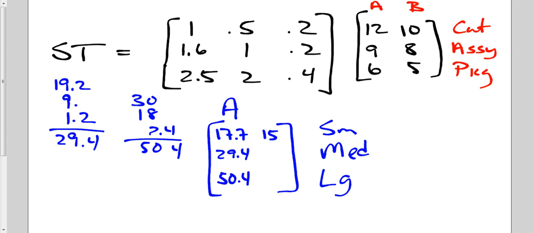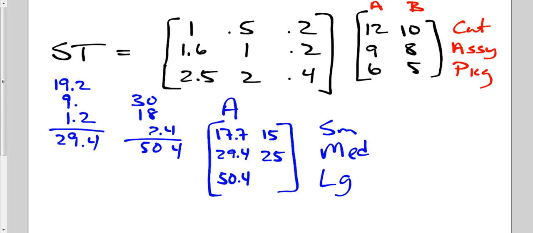Ten times 1.6. 8 times 1. 24. 5 times 0.2. So 25.